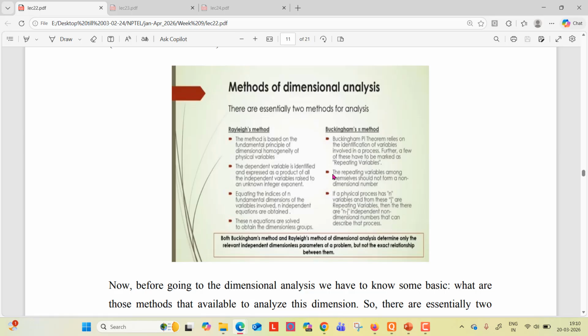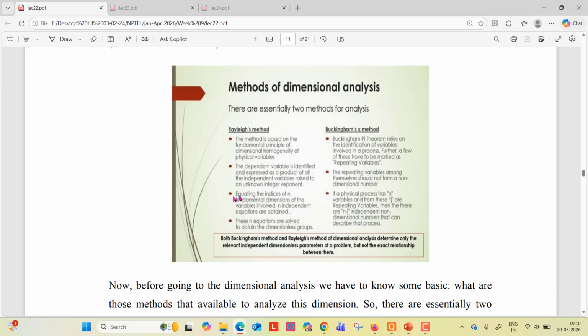So there is no concept of repeating variables in the Rayleigh method. Here the dependent variable is identified and expressed as a product of all the independent variables raised to an unknown integer exponent. The repeating variables among themselves should not form a non-dimensional number.